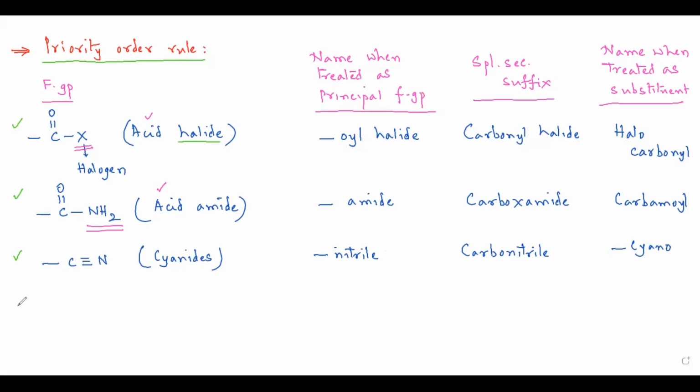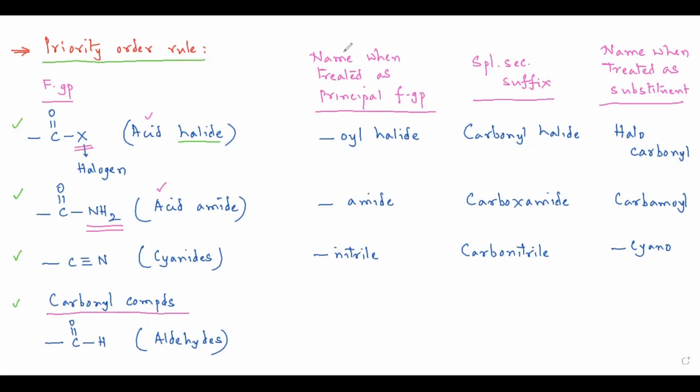Then let us go for the carbonyl compounds. See, in case of carbonyl compounds, we have aldehyde and of course ketones, which we have used in the previous example. These are aldehydes.